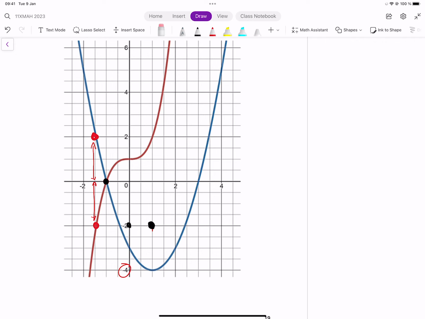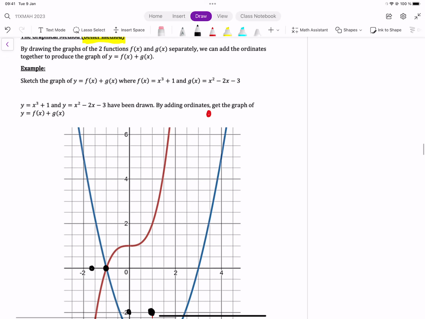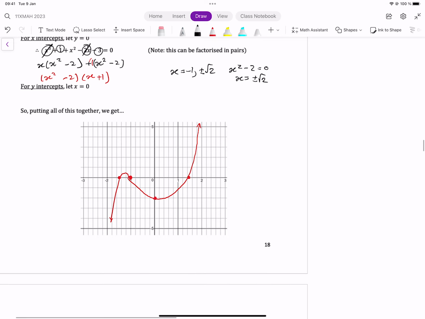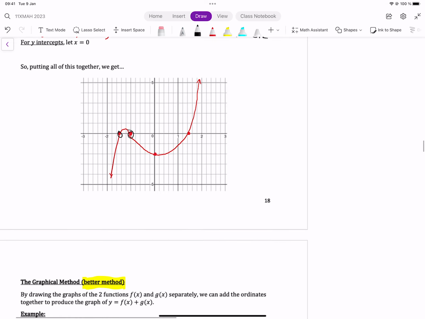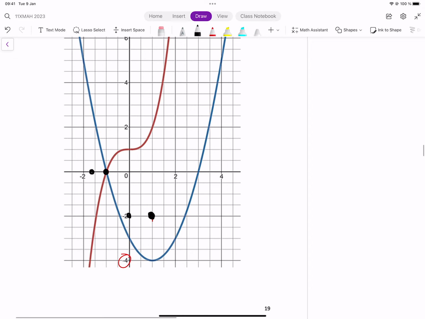So if we add, say, -2 with +2, I get 0. So we're going to have another intercept here. Now we expected that, which is why I was looking up here. We expected another one to be there because we had already graphed this one. We expected one to be at -4 and √2, and that's what we see here. So again, I made a little mistake there. That and that, they don't look quite the same. They do look very similar, and I would reckon our graph, if we plus them together, it would be about here. But it is more obvious that these two will be the same.